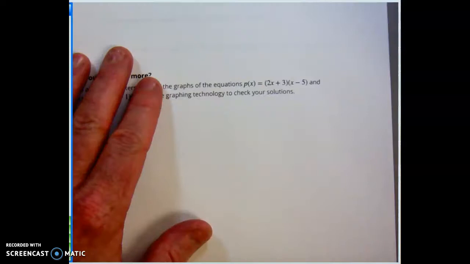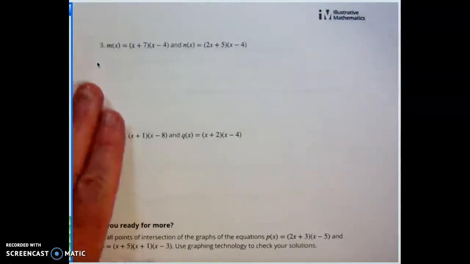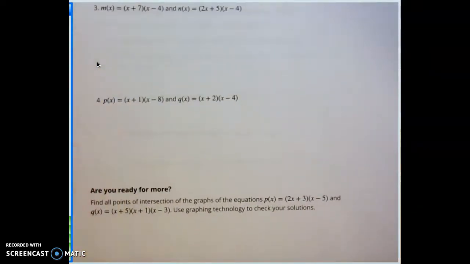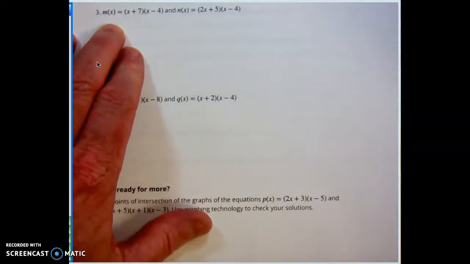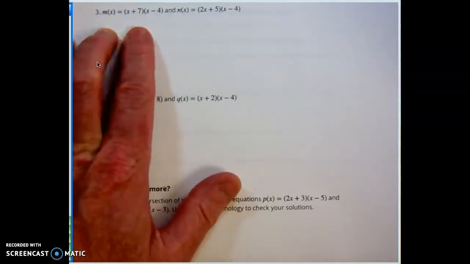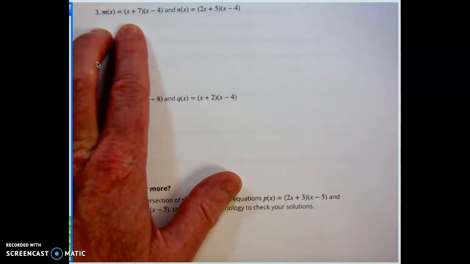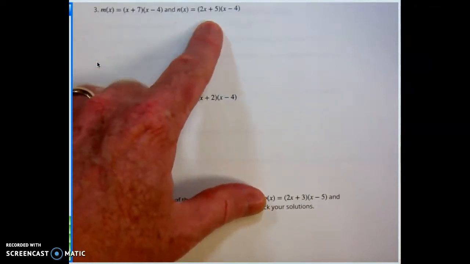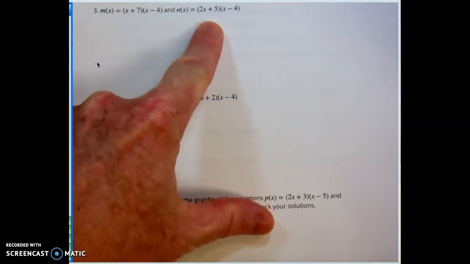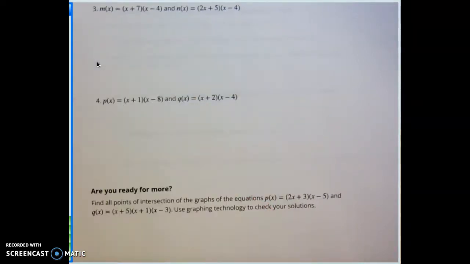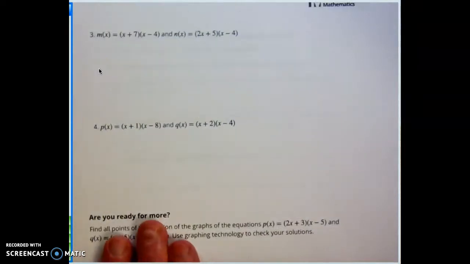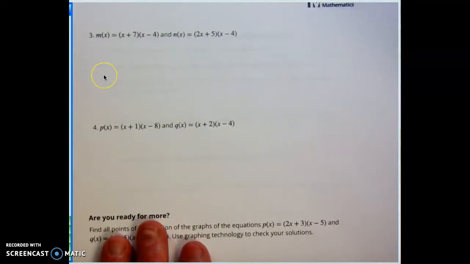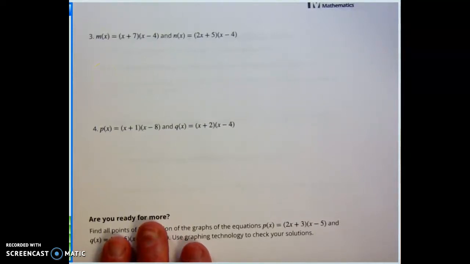All right, let's try another one here. Our next one we have is m of x equals x plus 7 times x minus 4, and n of x equals 2x plus 5 times x minus 4. I probably would just graph them. I don't think it's necessary to do both every time. That's not the point.